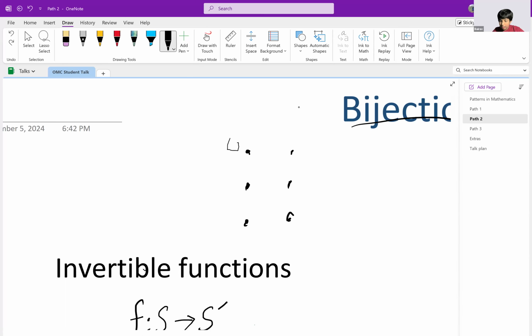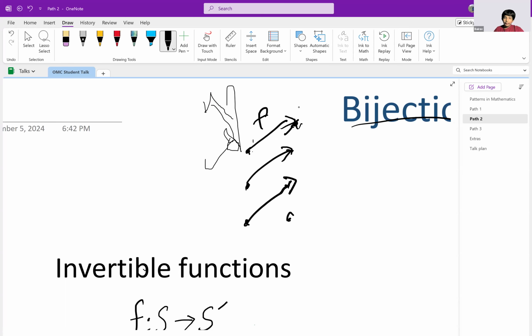Because we can see for finite cases, if there are 3 and 4 of them, there has to be one which is not in the image of this function. And if there are fewer on this side, there has to be one which is covered twice. So we can't have an inverse here.